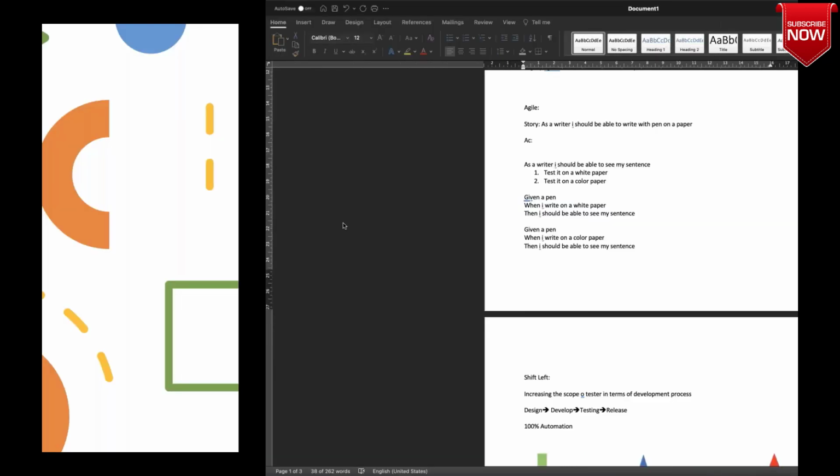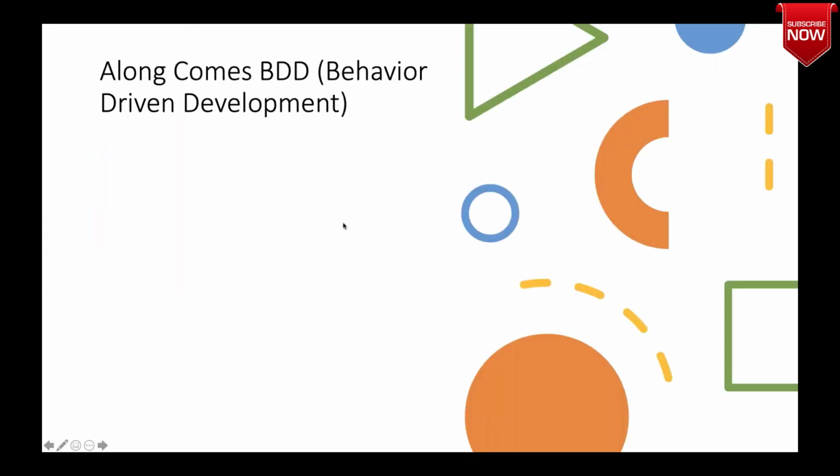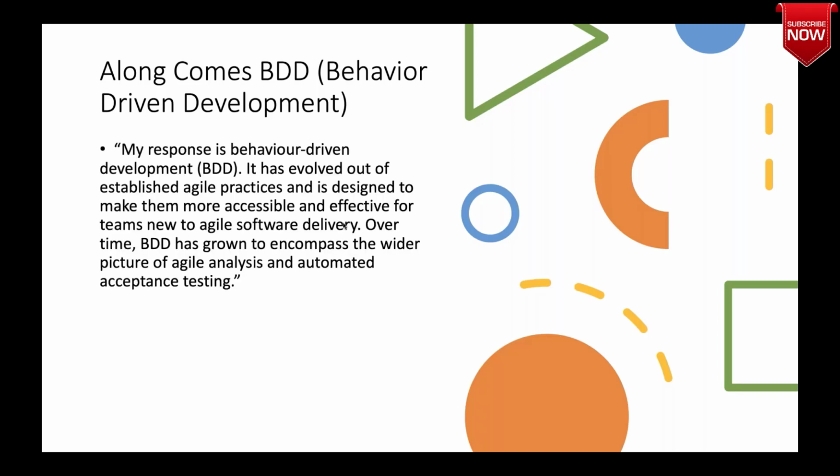So when we talk about the development process, what is the main role for it? There should not be any communication gap between the developers and the business people. Okay, that is one good thing.